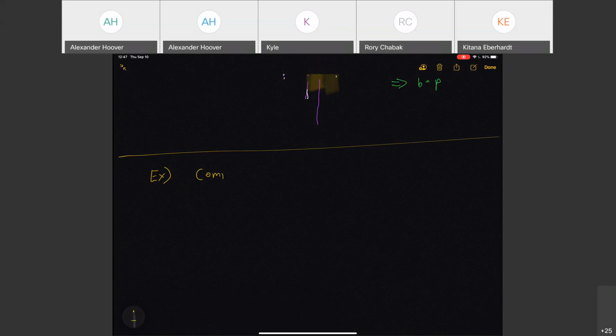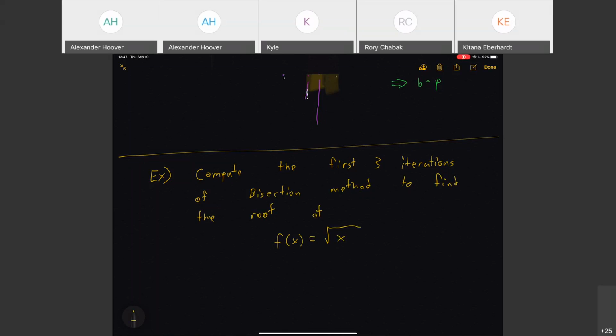We're going to compute the first 3 iterations of the bisection method to find the root of f of x equals the square root of x minus 1.1 on the interval of 0 to 2.